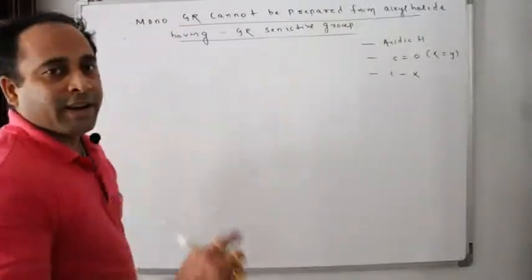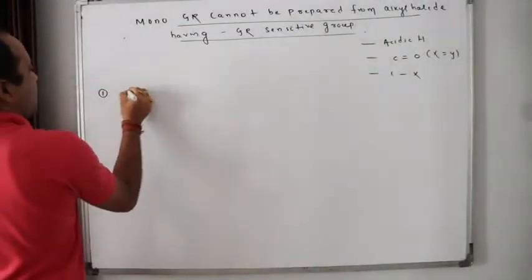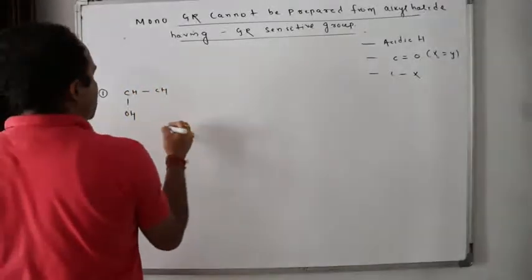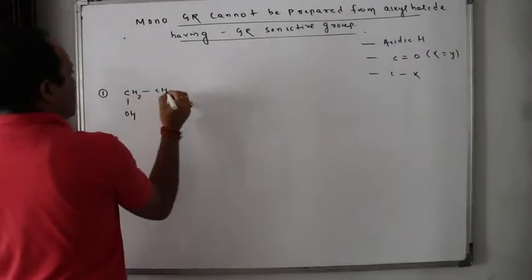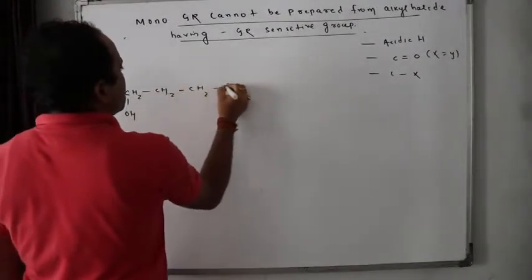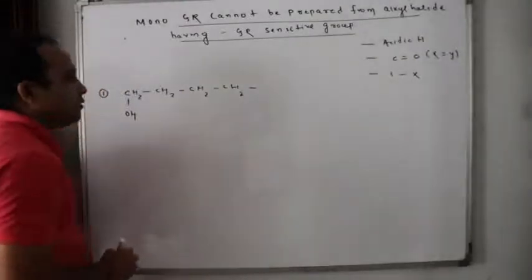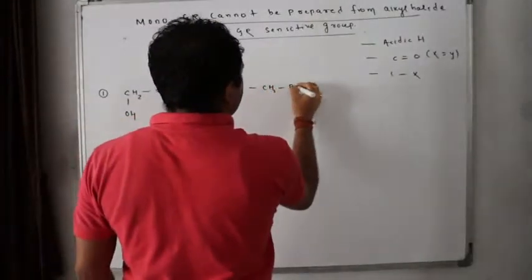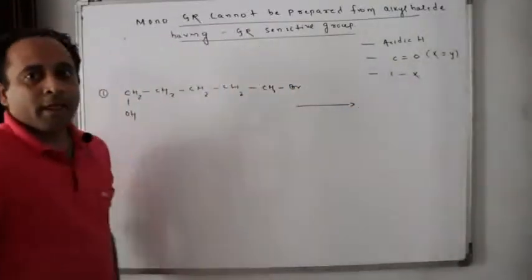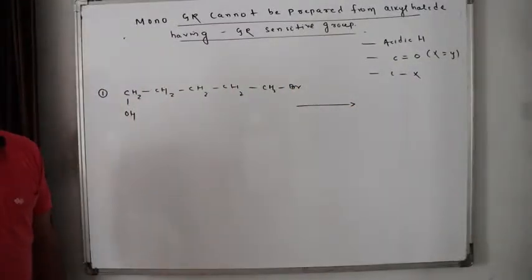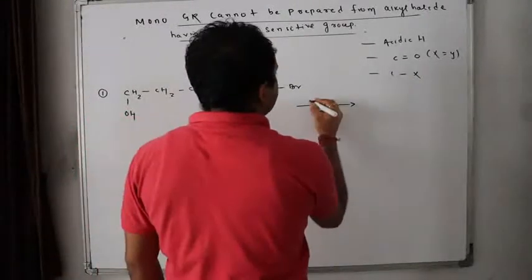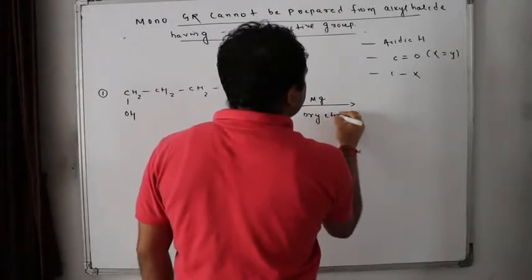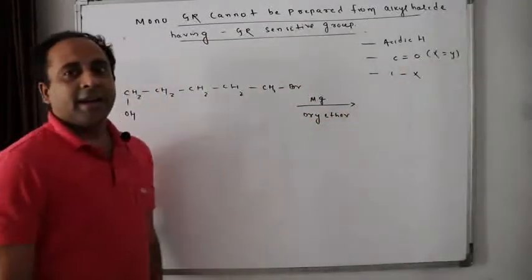For example, if I write here something like this, HO-CH2-CH2-CH2-CH2-Br. Okay, if I make them react with magnesium in dry ether medium, these are alkyl halides, isn't it?